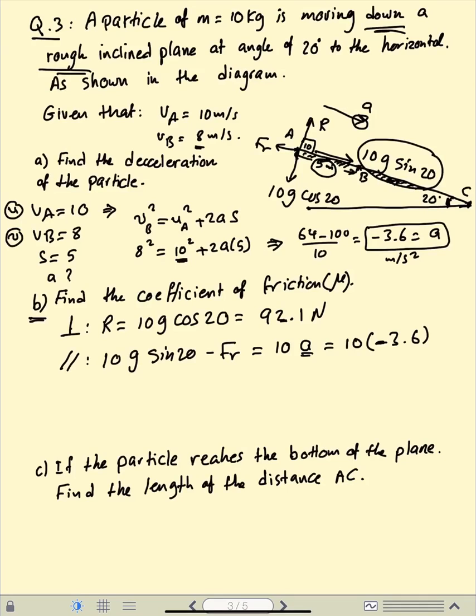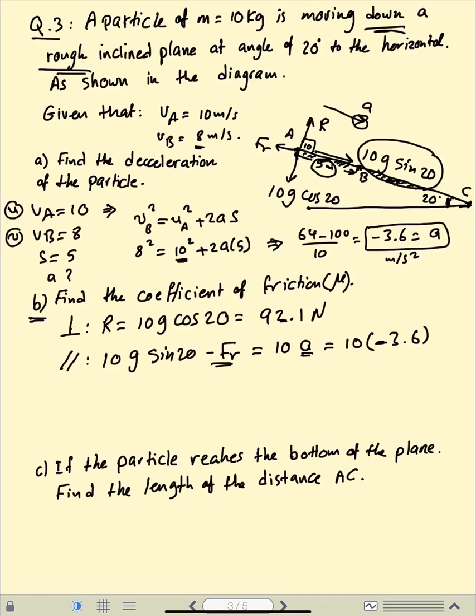So this is 10g sin 20, plus this. Be careful, plus this. So calculate step by step. FR equals what? FR is this plus this.